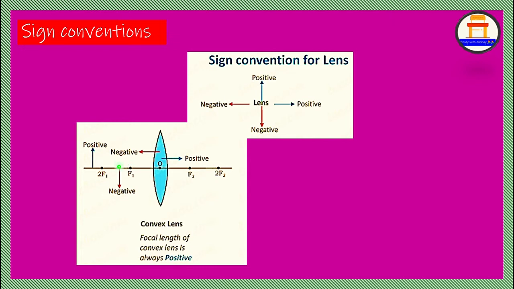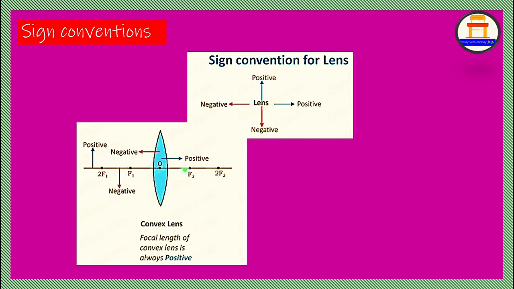The length of the image will be taken positive. The distance between the optic center and the image will be taken negative, same as that of an object. The distance between the object and the optic center will also be taken as negative, since the object is kept on the left side.